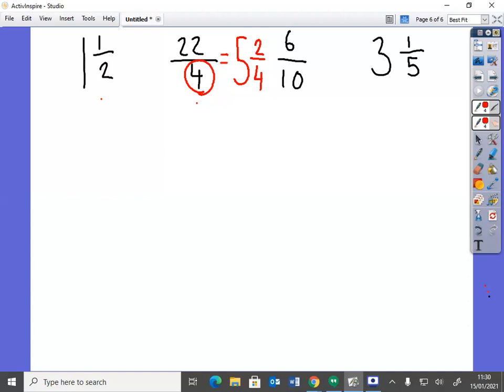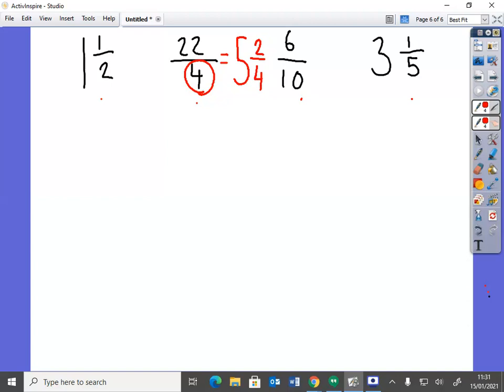Next, I have this, which is already a fraction. It's a fraction that's less than 1, isn't it? There's no whole parts in 6/10 at all. So that is going to stay as it is. And we have a mixed number here. Now, we don't need to do any more than that.